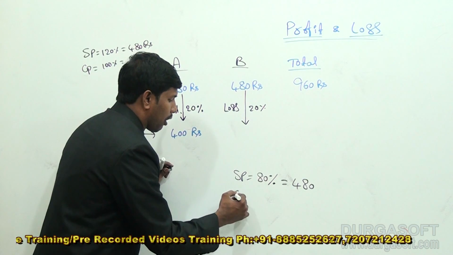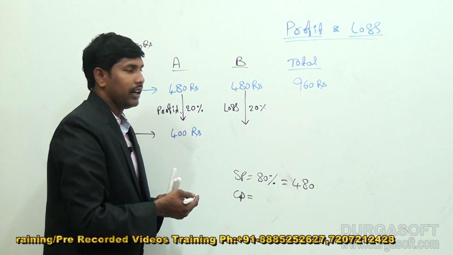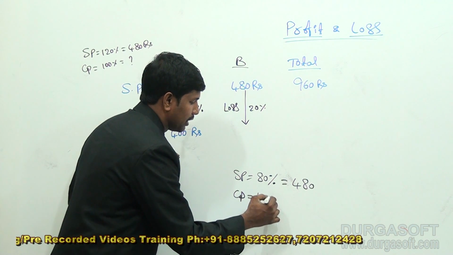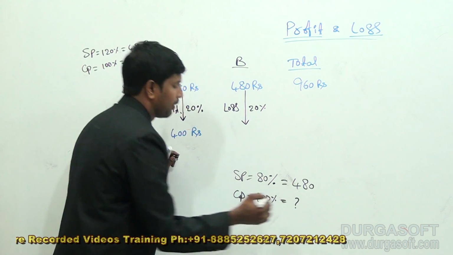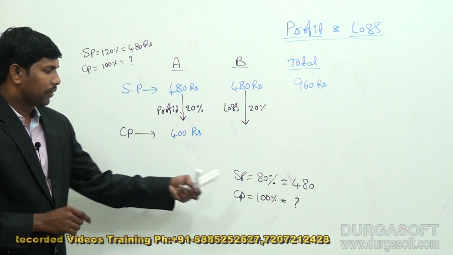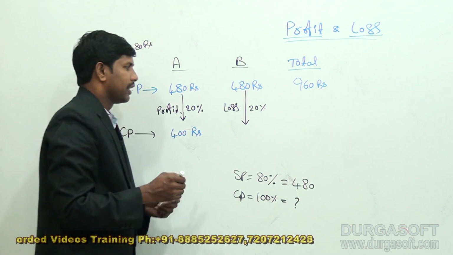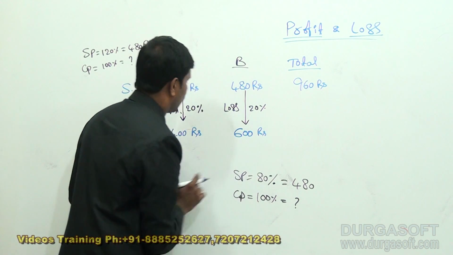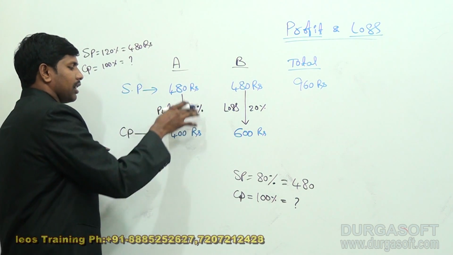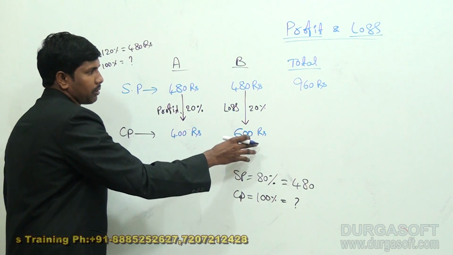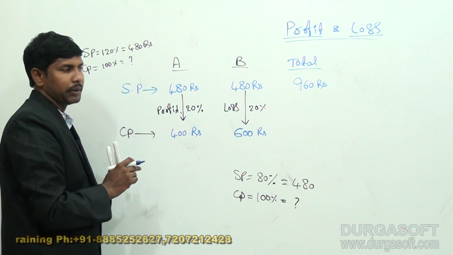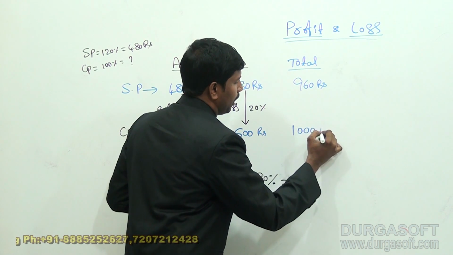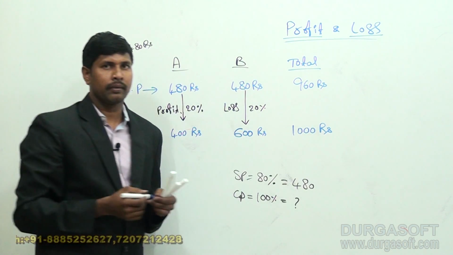Now the cost price we need to calculate, and the cost price of the article is always 100%. If you calculate that, you will get the required value as 600 rupees. Now the cost price of first article is 400 rupees, cost price of second article is 600 rupees. The total cost price of two articles is 1000 rupees.